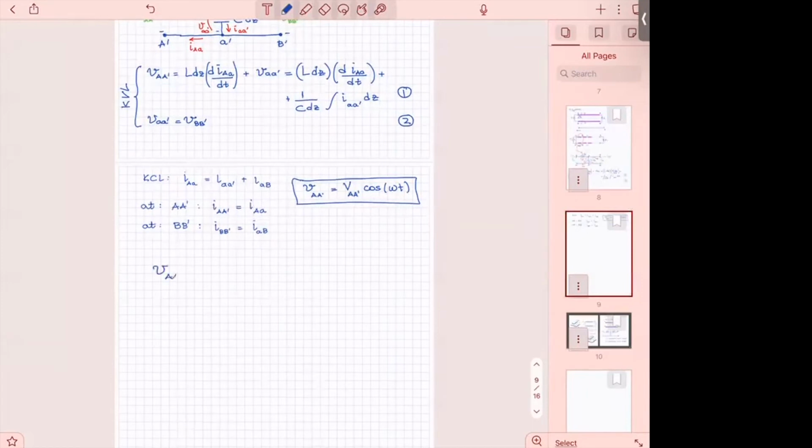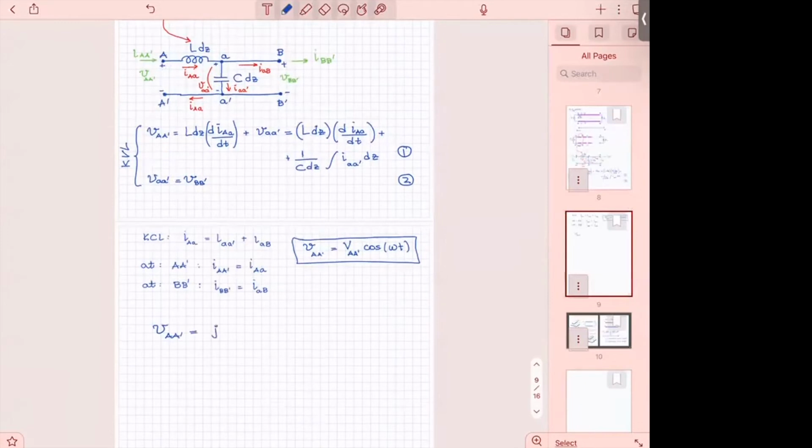So I will have V_A prime is gonna be j omega L dz times, and in fact, excuse me for a second, we'll put here the capital because these are the phasor quantities, I_A plus V_A prime, and in fact here, j omega L dz I_A plus 1 over j omega C dz, and then is I_A prime, okay?